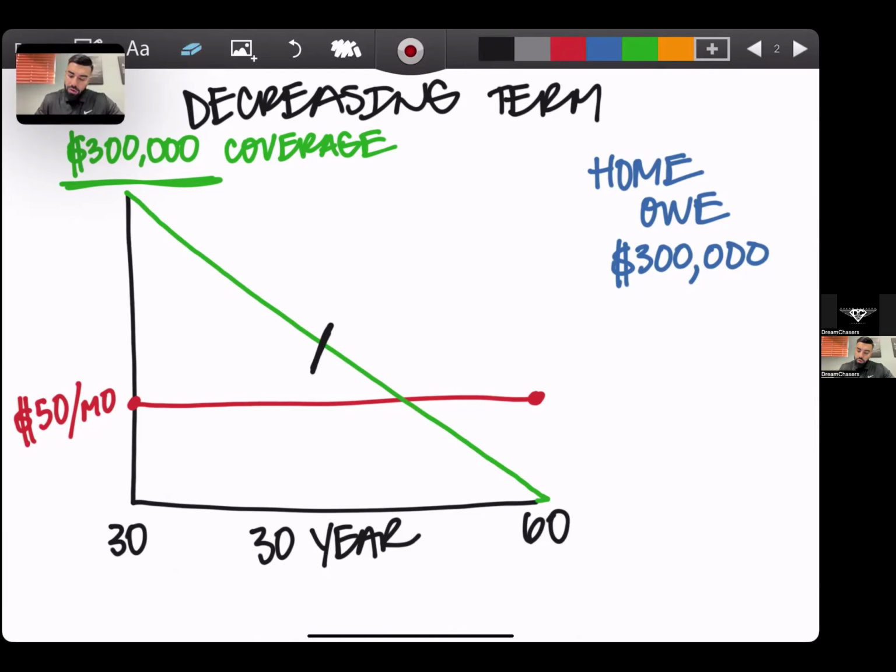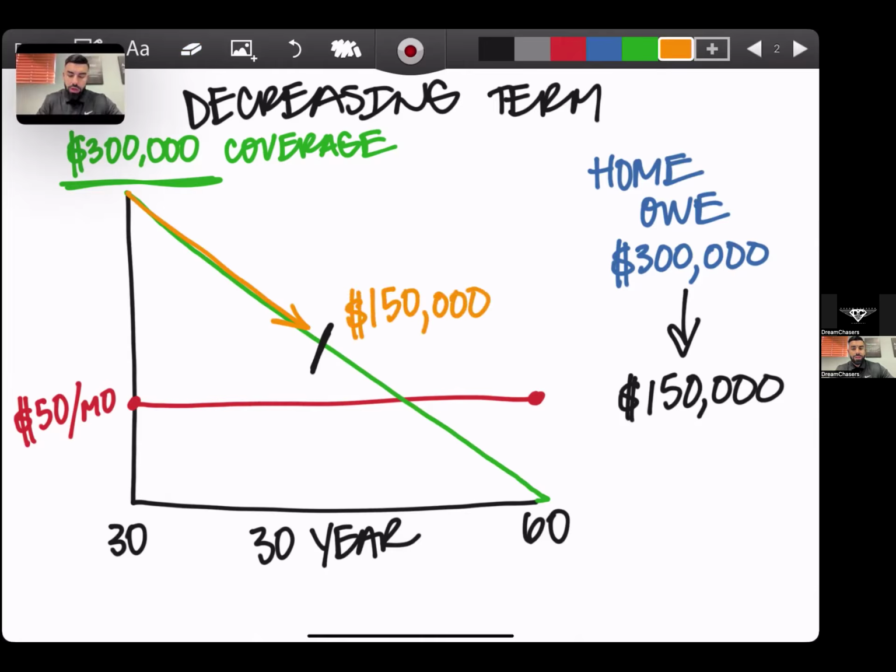And now on the home, right, 15 years in, I owe $150,000 on the home. So I've already paid off half the mortgage. My coverage, because it decreases with whatever the debt is, at that moment in time, it's going to be $150,000. So it's going to be the exact same as the debt or the mortgage is.